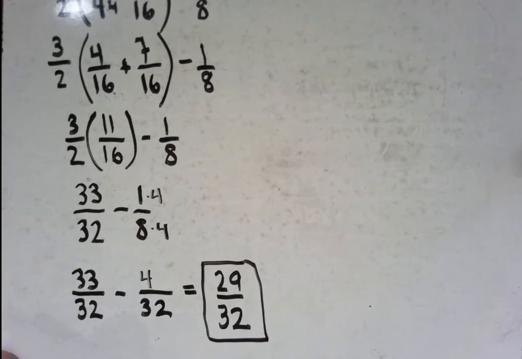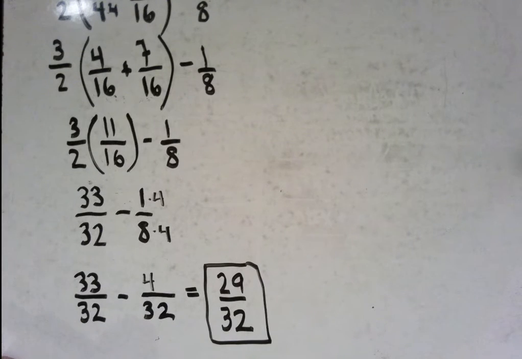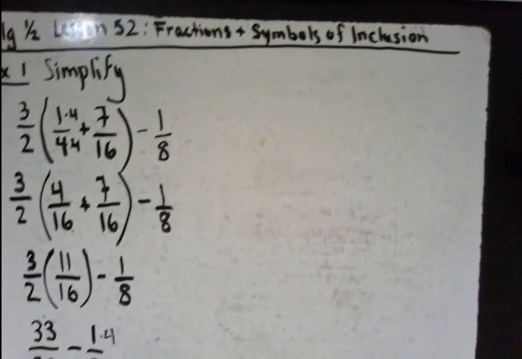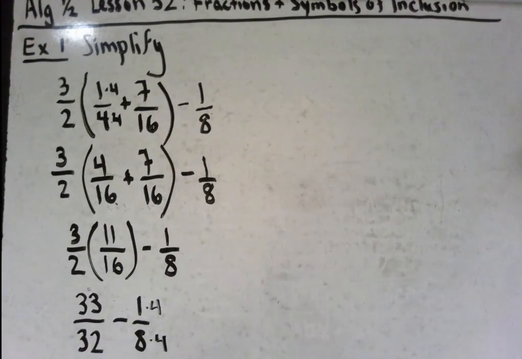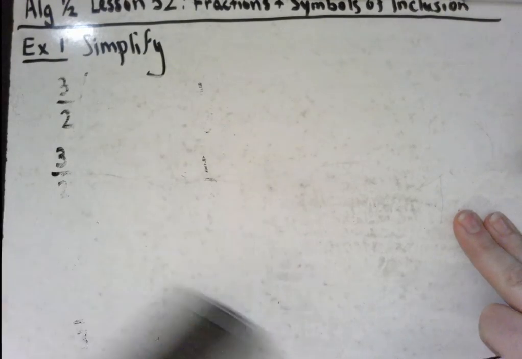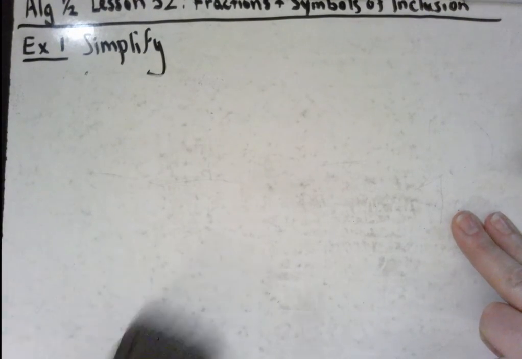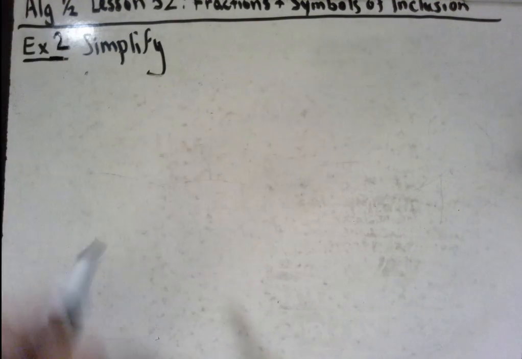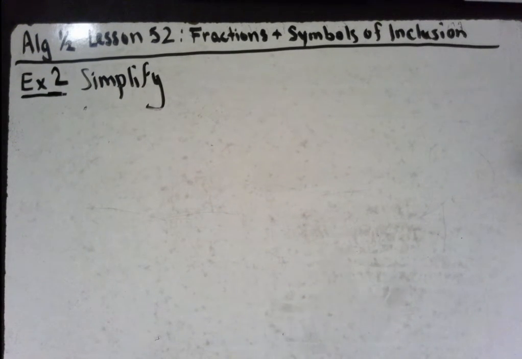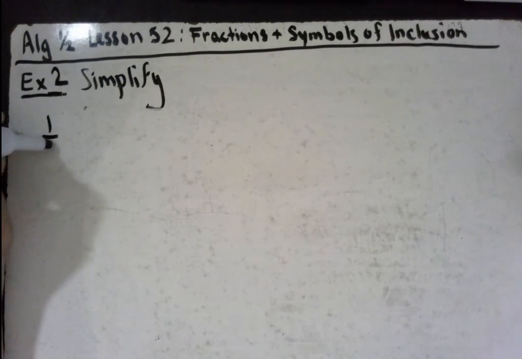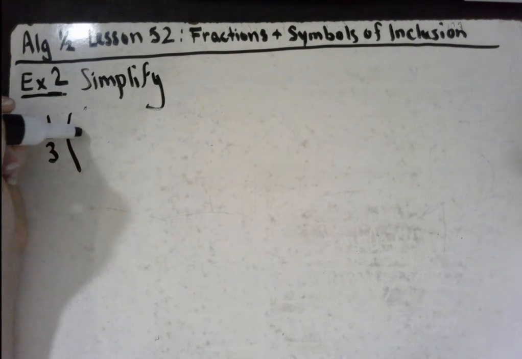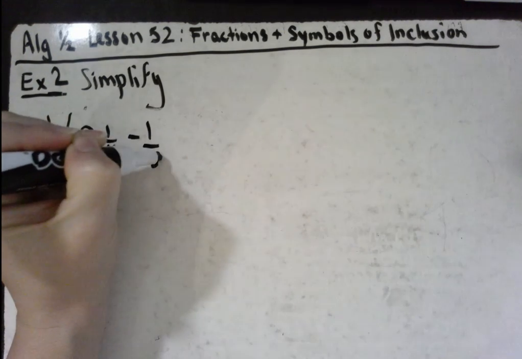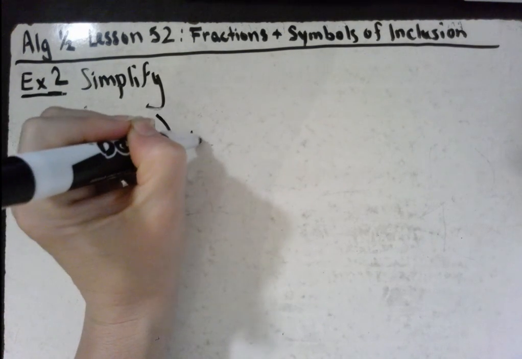So the next few examples you'll try on your own, and then you can check your work. Let's go ahead and begin example 2. So now for example 2, we're going to simplify this one. 1/3 times 3 1/4 minus 1/8 plus 1/48.